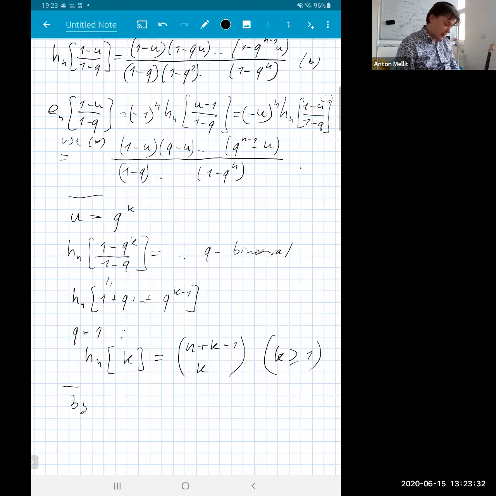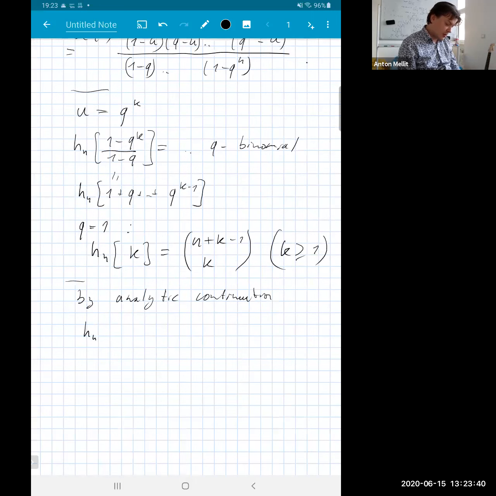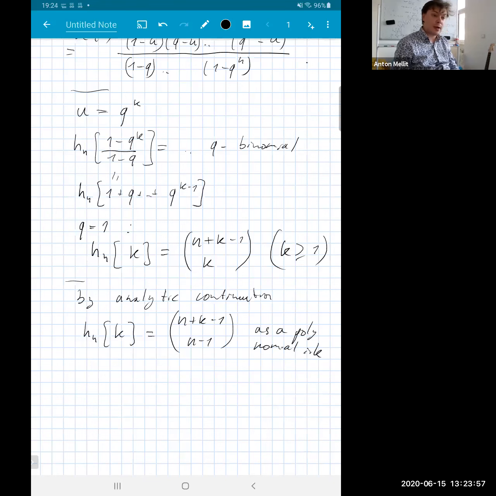But by analytic continuation, you have that h_n of k equals n plus k minus 1 choose k, where now this is a polynomial in k, but k is not arbitrary.